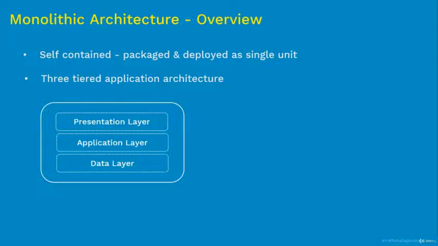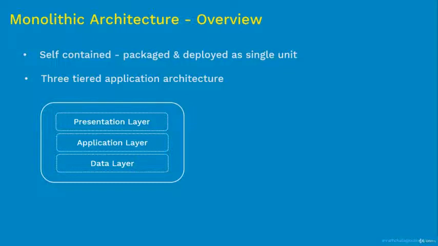This is where all the data is stored, and this data is accessed by the application layer via API calls. This tier consists of database technologies such as MySQL, Oracle DB, Microsoft SQL Server, MongoDB, and Redis are some examples of these database technologies.